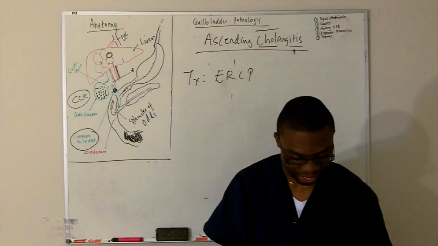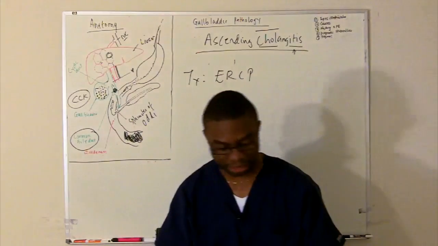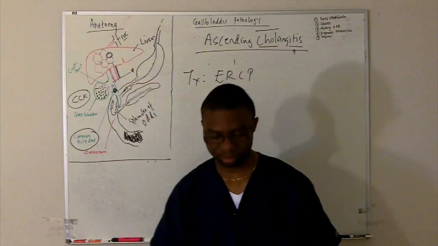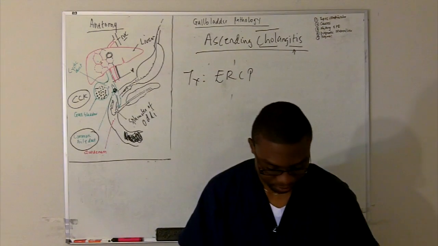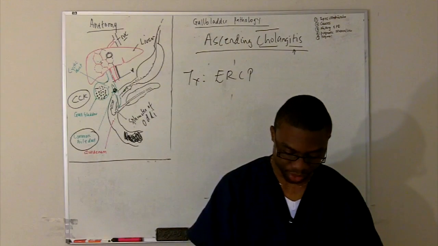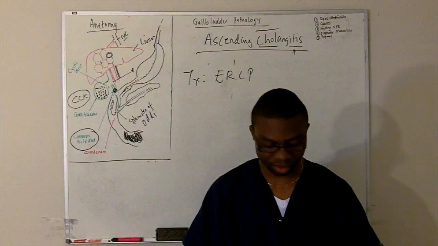Okay? That is extremely important. We decompress this common bile duct because it's probably already distended. We use a catheter and we do a sphincterotomy. Okay? Also, sometimes they put a T-tube in there for drainage, especially for a lot of people that don't respond to antibiotics.